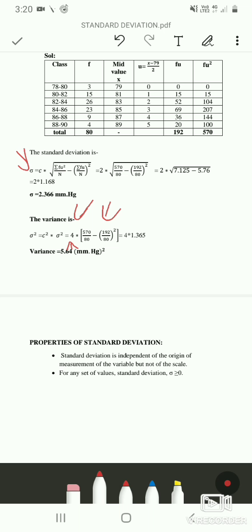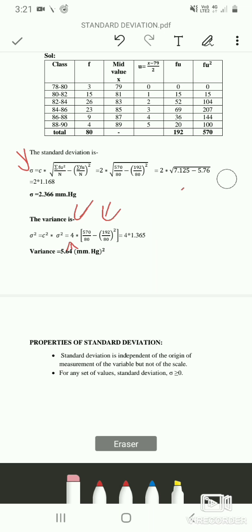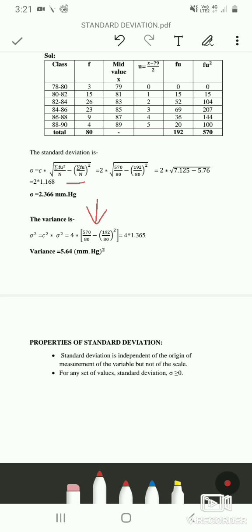So the formula is summation fu square divided by capital N minus summation fu divided by capital N whole square. So the square root symbol won't be there when you take the square. So therefore when you substitute in this, that is without square root, you will get 570 divided by 80 minus 192 divided by 80 whole square.